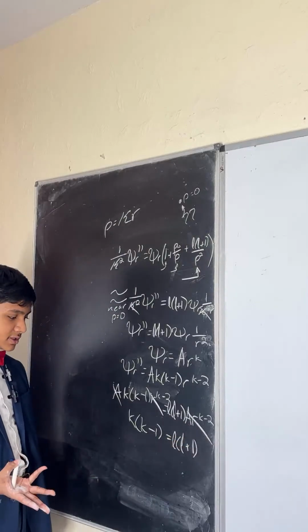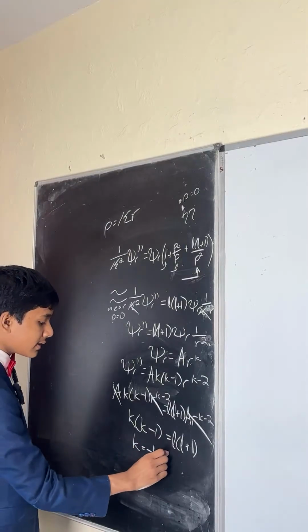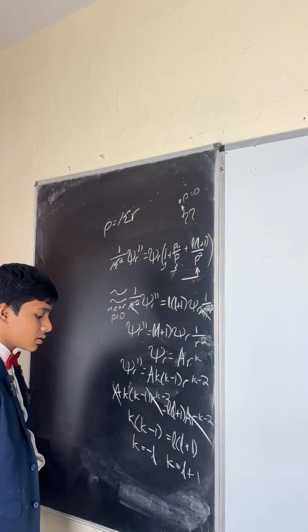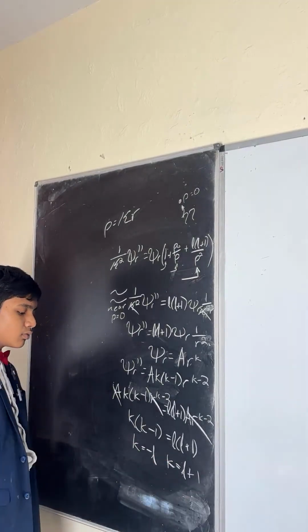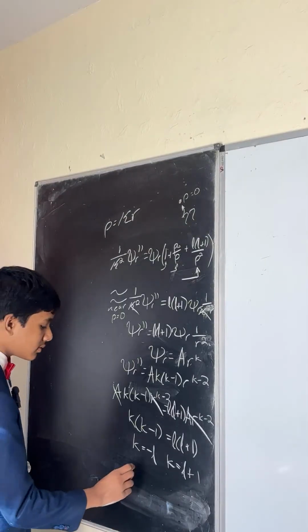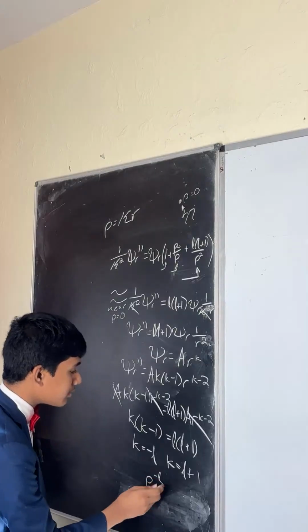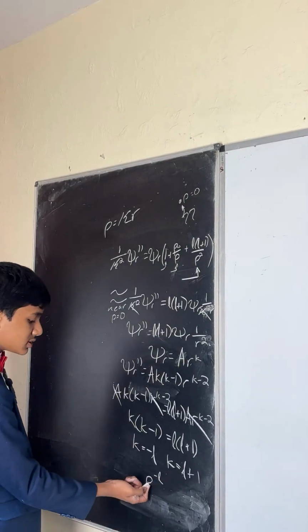Now there are two solutions to this. Either k is equal to minus L, or k is equal to L plus 1. Now, which of these do we want to consider? Well, when you think about it, rho to the minus L is going to blow up as rho approaches 0.